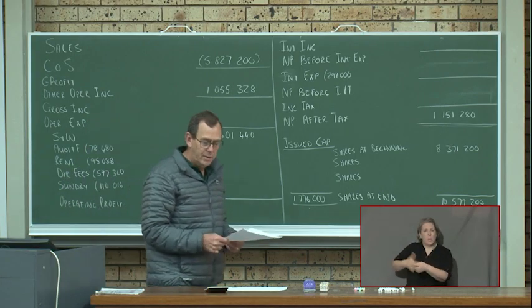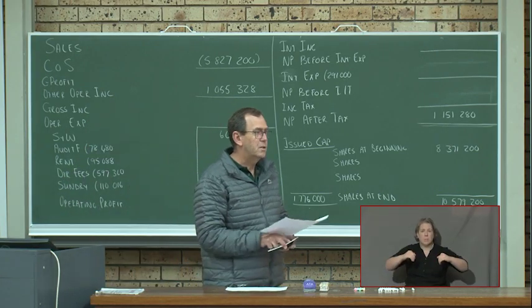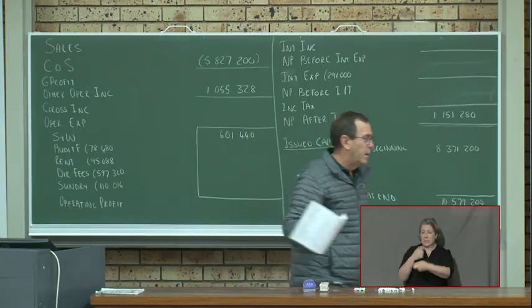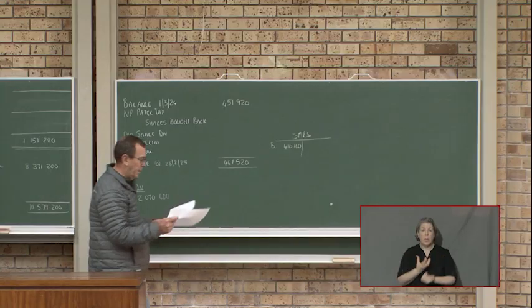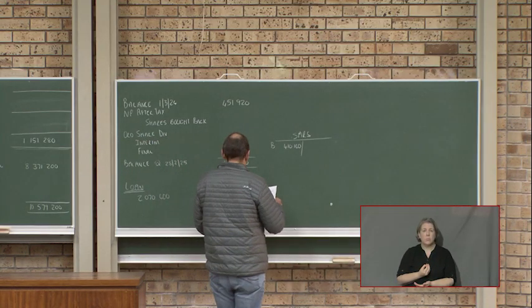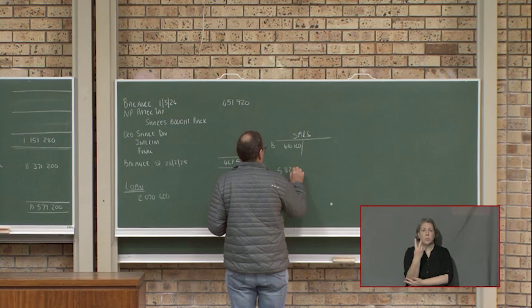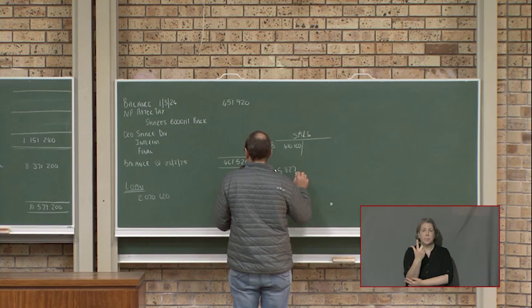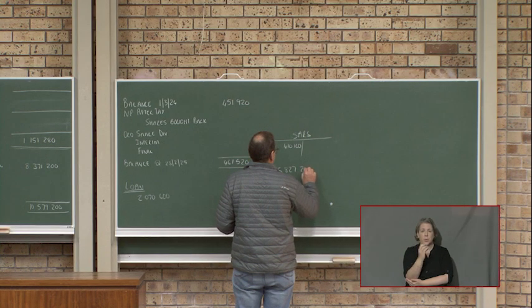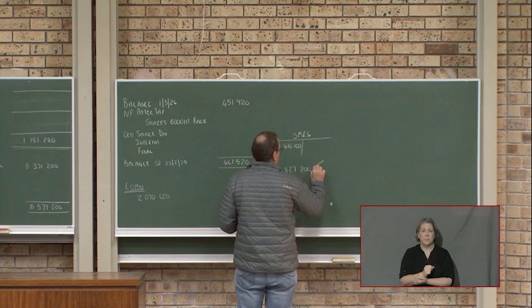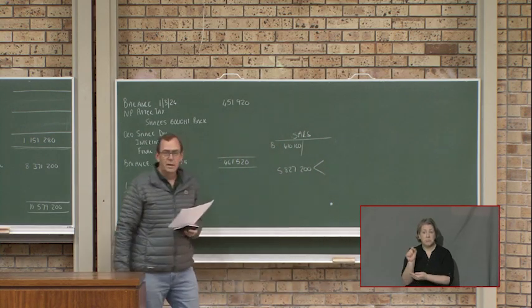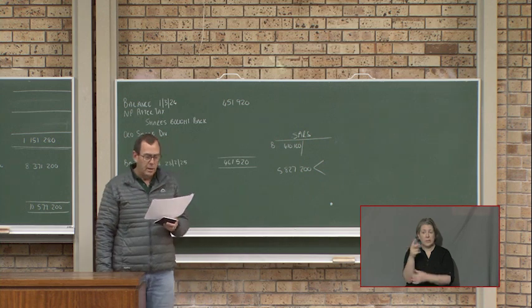So we split the cost of sales up. We have our cost of sales, which is 5827,200. That has two parts.